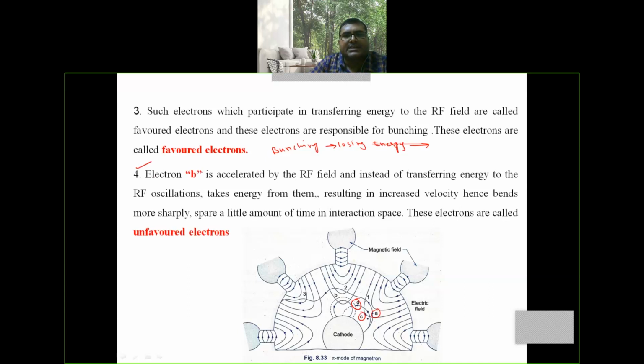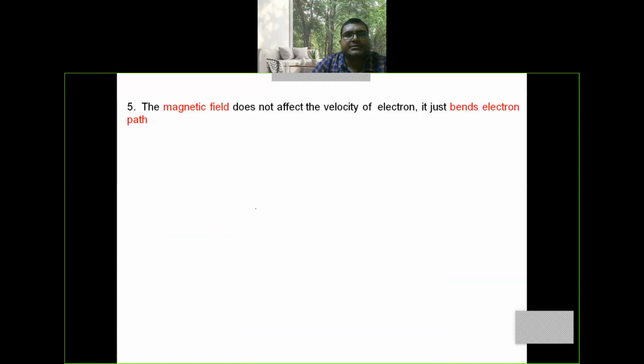The electron B is accelerated by the RF field. Instead of transferring energy to the oscillations, it takes energy from them, resulting in increased velocity, and hence bends more sharply, spends a little amount of time in the interaction space, and these electrons are called unfavored electrons.